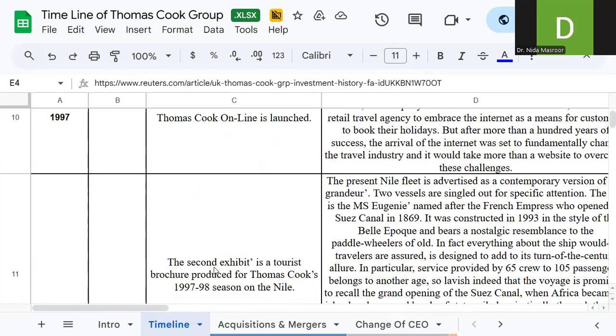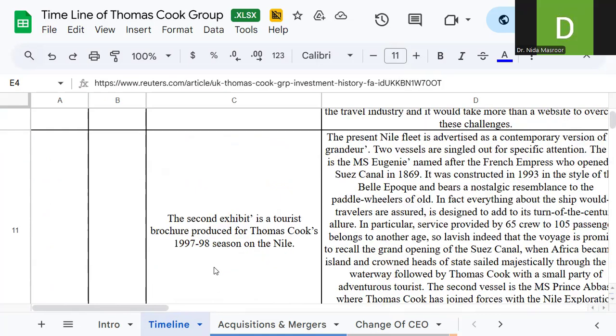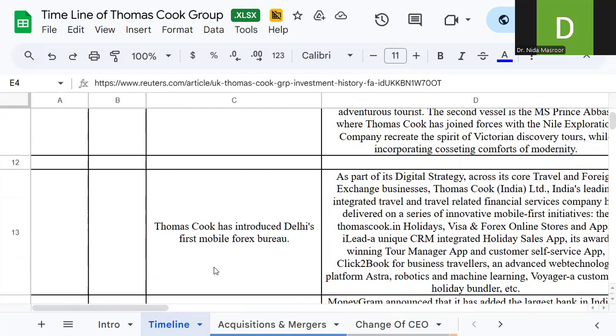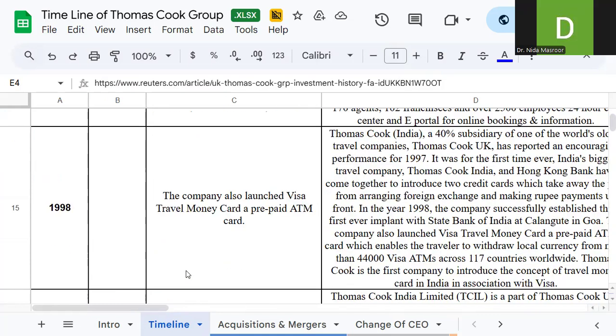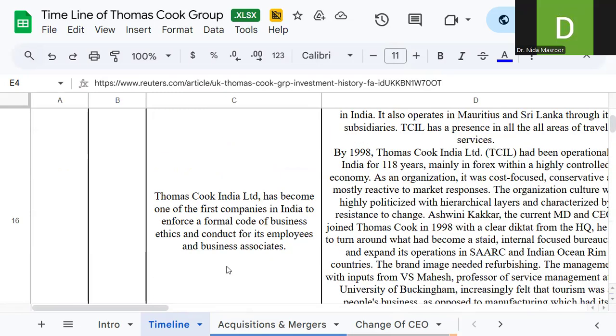There were changes on the strategic level. And then came new market ventures in different countries and cities, and a new product launch with a travel money card. All these decisions were on the strategic level.